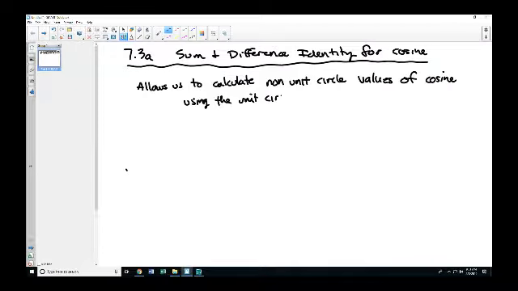If you have your unit circle identity sheet, that's why I put them back to back. If you can pull it out, it'll probably help, and having a unit circle in front of you.